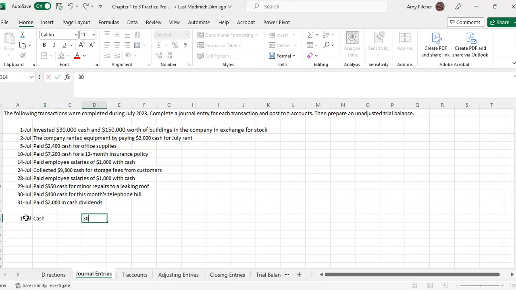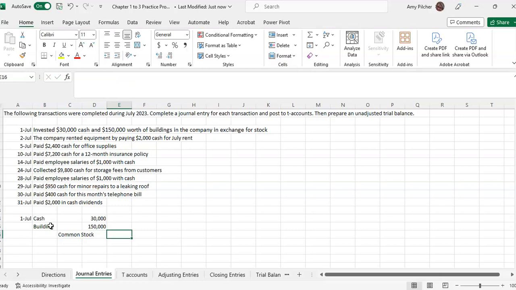So we have cash of 30,000, and we received a building of 150,000, and then in exchange for that, we issued common stock in the company. And remember, our debits have to equal our credits. So 30,000 in cash plus 150,000 in our building means we have 180,000 in common stock.